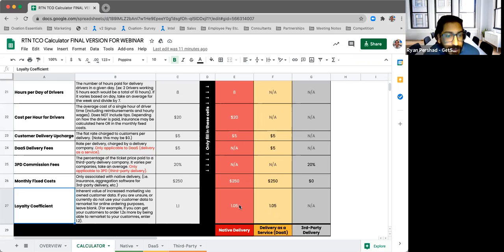So Zach again hit the nail on the head. What we were trying to encompass here is, when we were going through this, we were talking to a lot of operators, collaborating with vendors. Everyone's kind of going, hey guys, there's a big upfront investment to do this, delivery as a service, maybe not so much, but definitely native delivery.